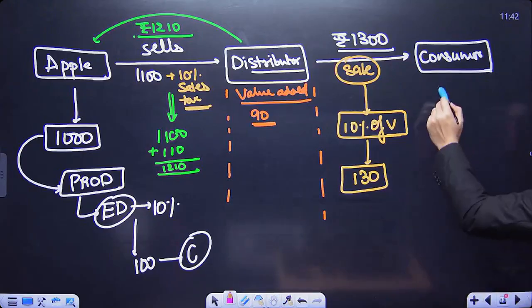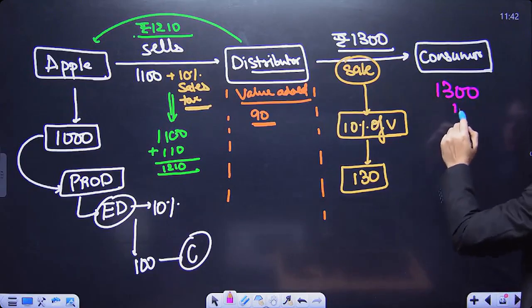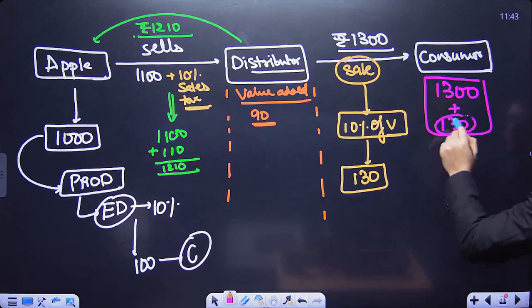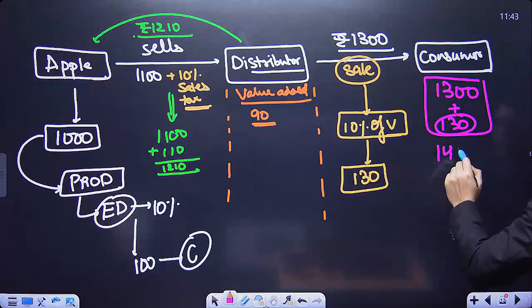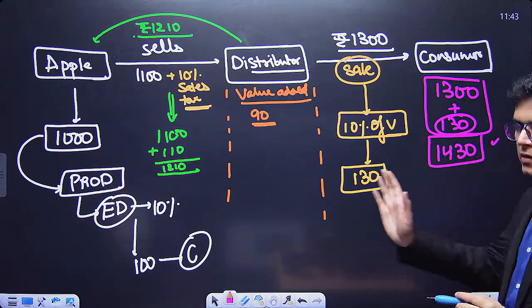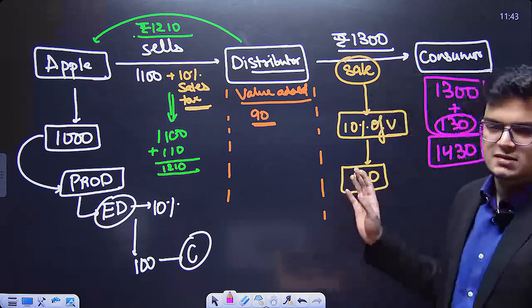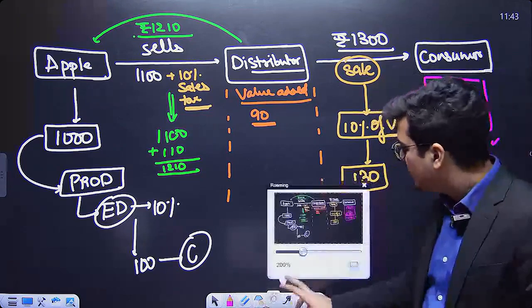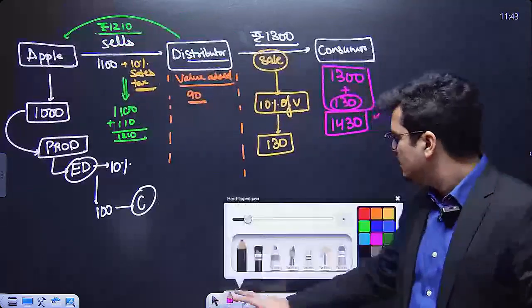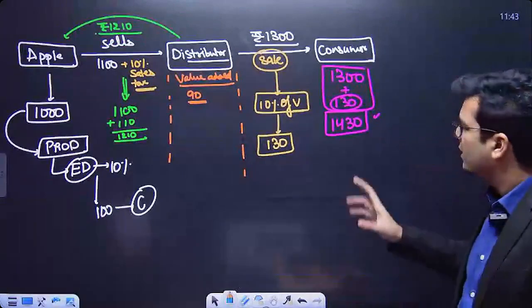You will pay rupees 1300 plus rupees 130. This is the tax you will pay, and you will pay in total 1430 rupees. This is the amount you will pay. For now, this is the system. Let us break down this 130. This 130 that you pay, let us break this down.